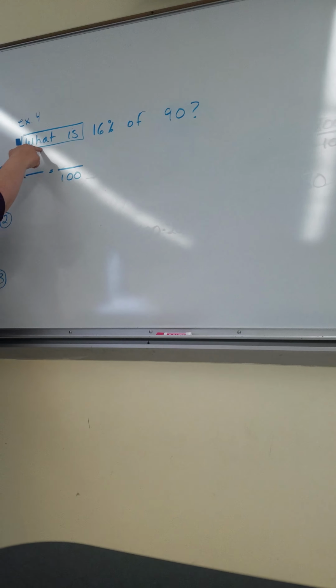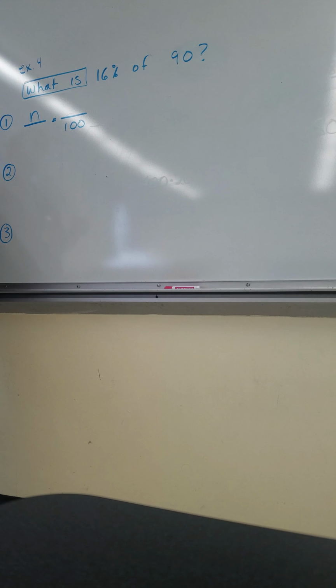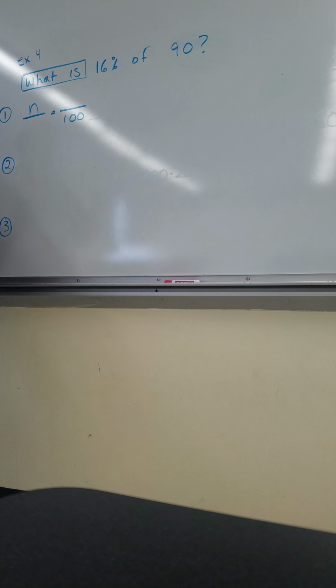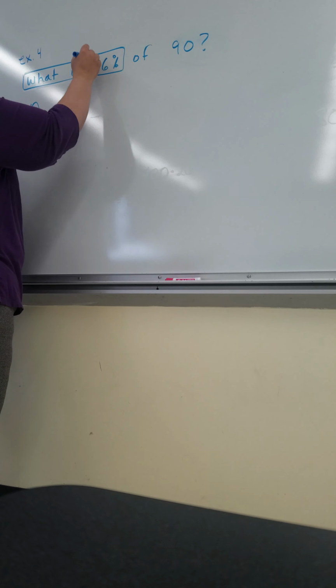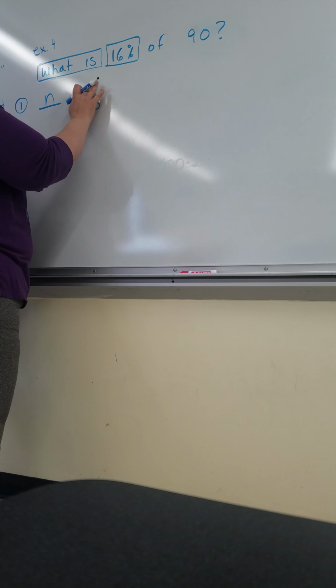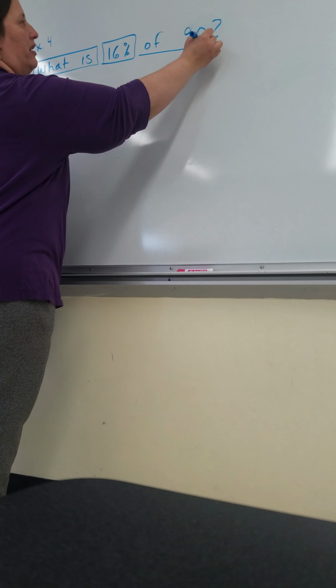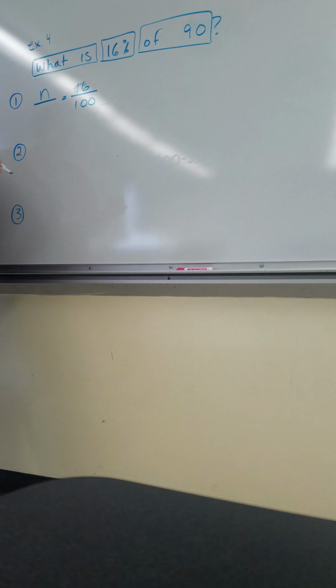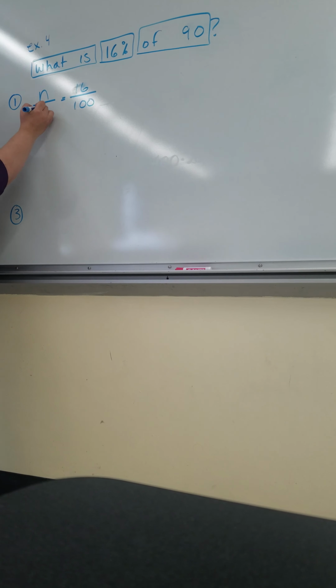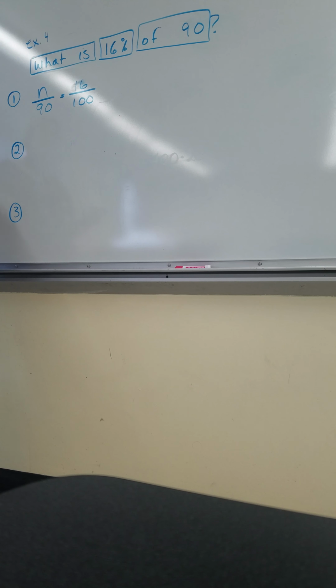So again, what means our variable. So the is what we're looking for. Next, we see 16%. Where does the percent go? Over the 100. So we need to put 16 here. And last but not least, of 90. So the 90 should go in the denominator because that's where the of goes. So we've done step 1, which is setting it up.